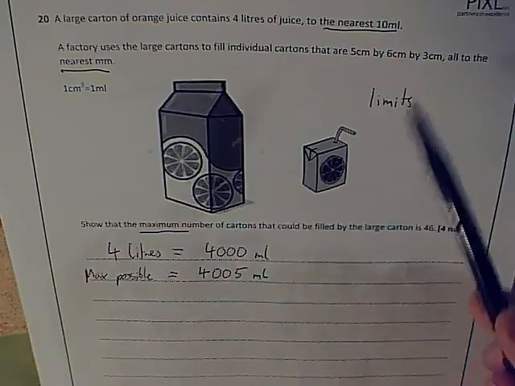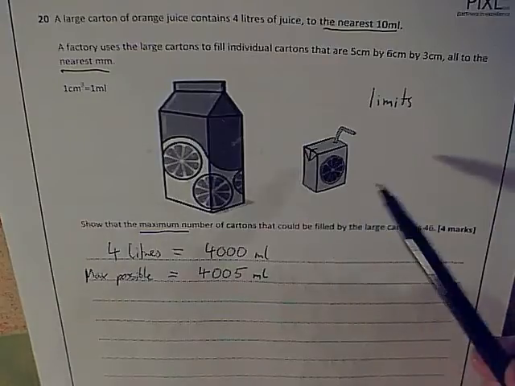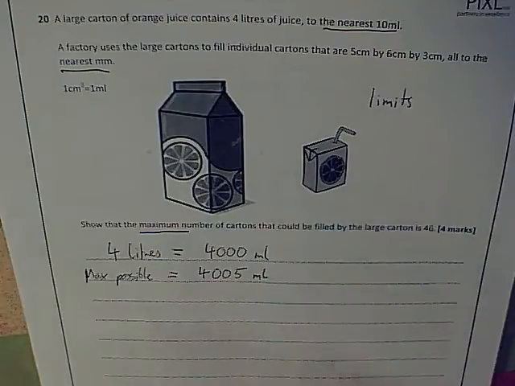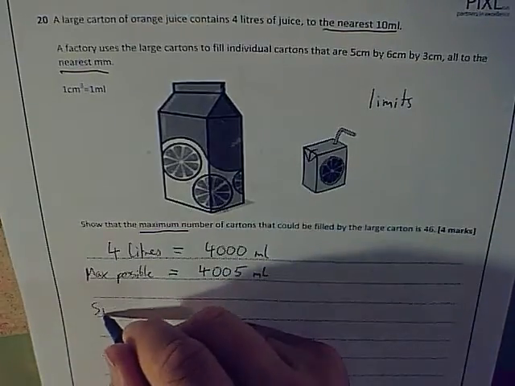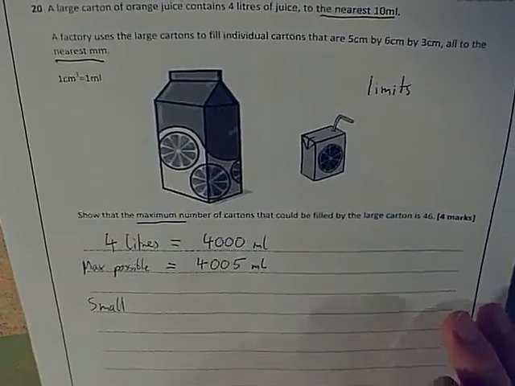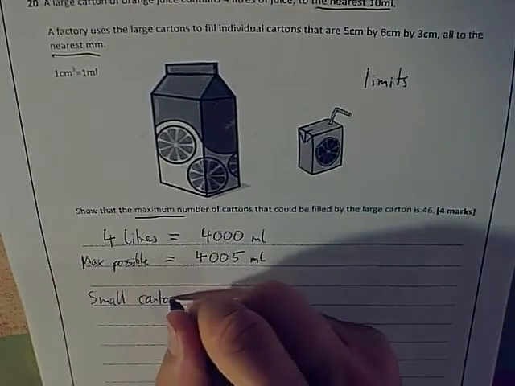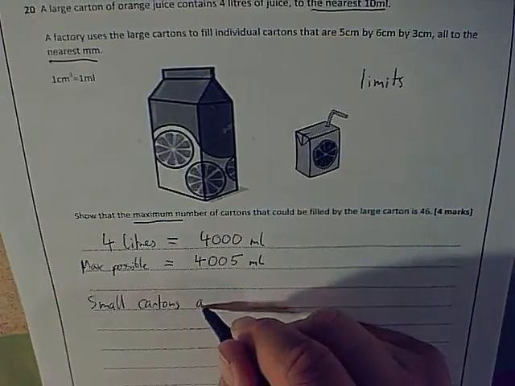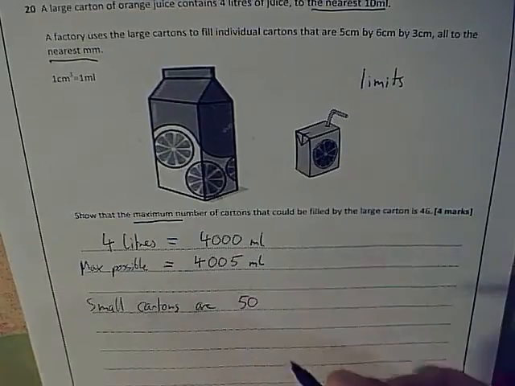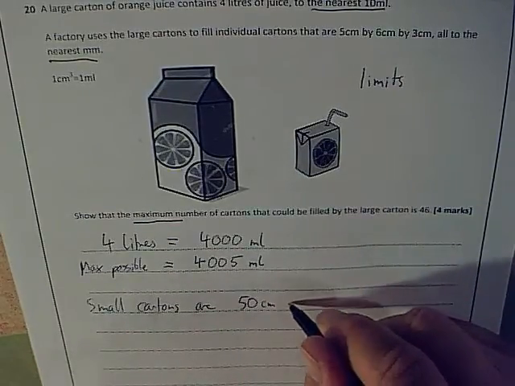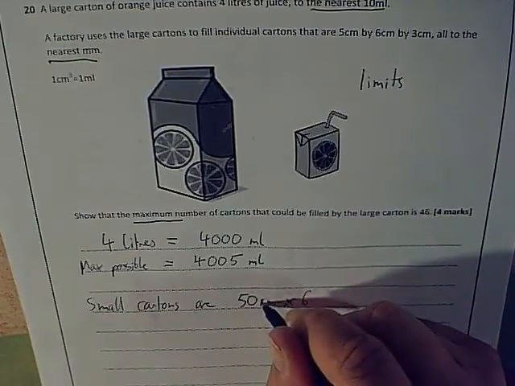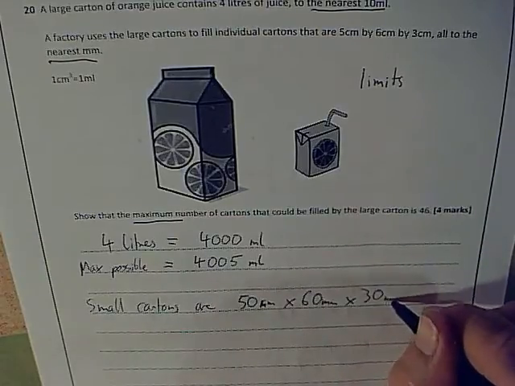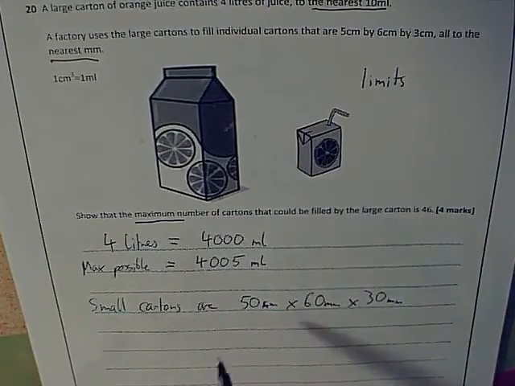Now I want the smallest possible cartons in order that I can fill as many as possible. So each of these are 5 centimetres, 6 centimetres, 3 centimetres to the nearest millimetre. For them to be as small as possible, firstly I'm going to convert them to millimetres. So they are 50 millimetres by 60 millimetres by 30 millimetres. But they're not exactly that.